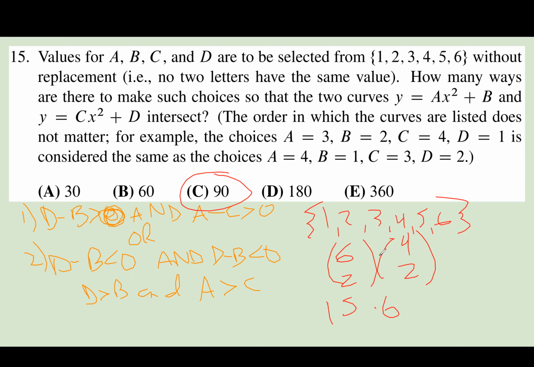Which is going to be just repeats. They're going to be the same things just switched. So that's why you don't have like 180 choices. You only have 90. So you have to take a little time to convince yourself why the second case ends up being redundant. You don't even need to consider it.